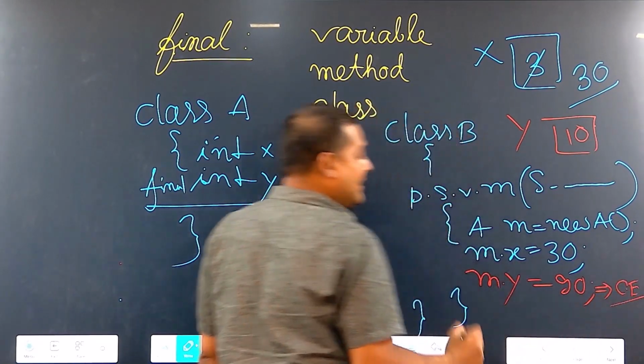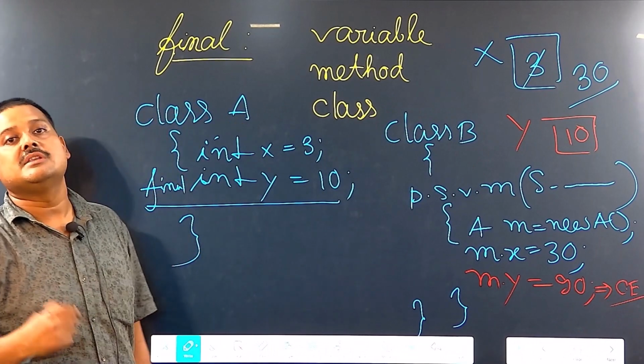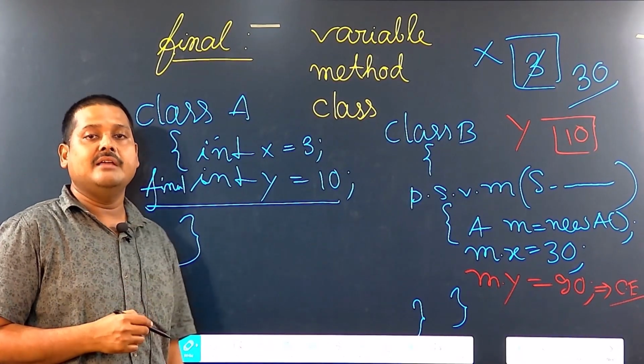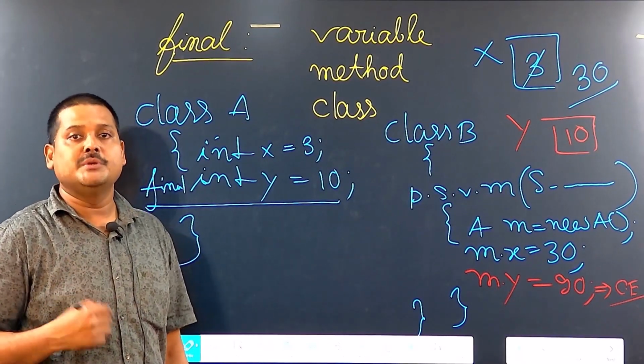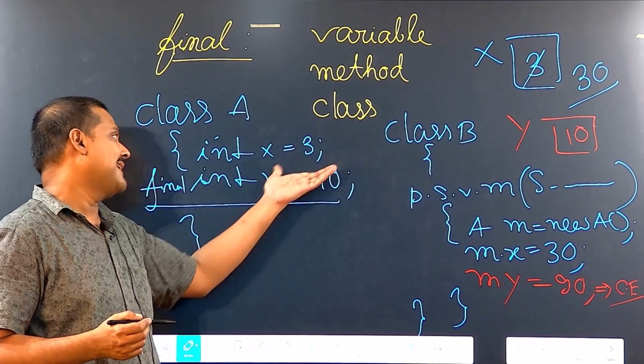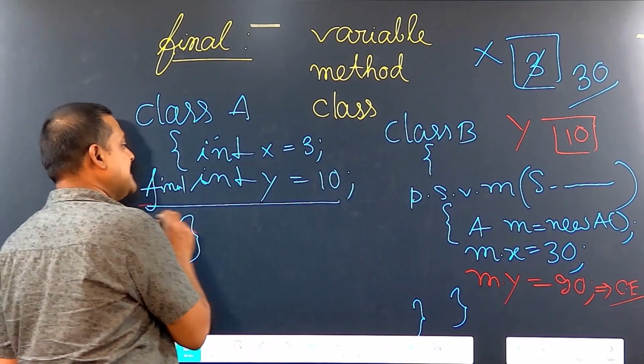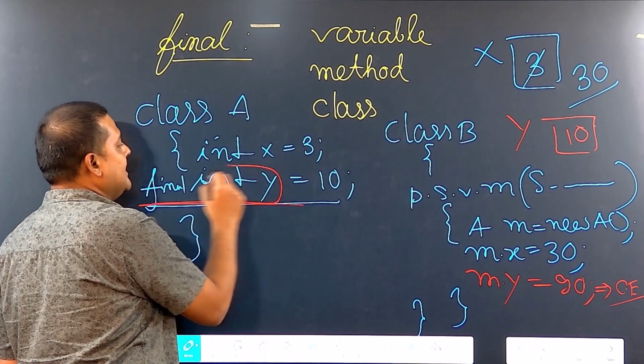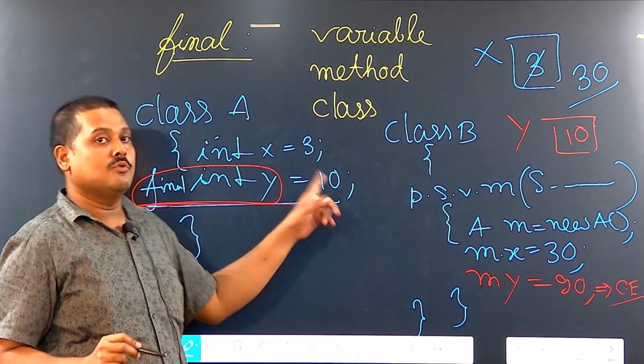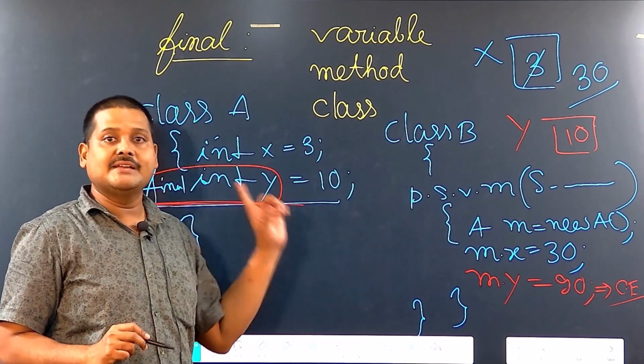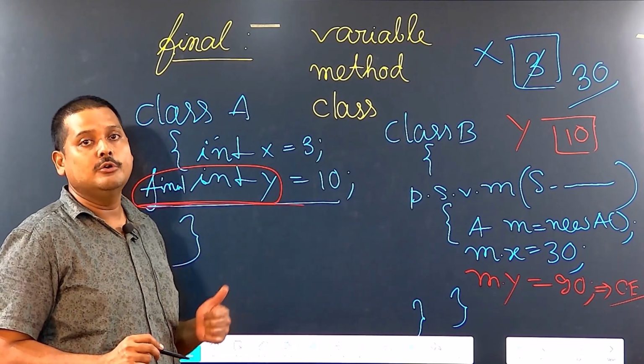So, when final is used with a variable, that variable's value cannot be changed after it is initialized at the place where it is declared. Except at that place, we can't change the value.